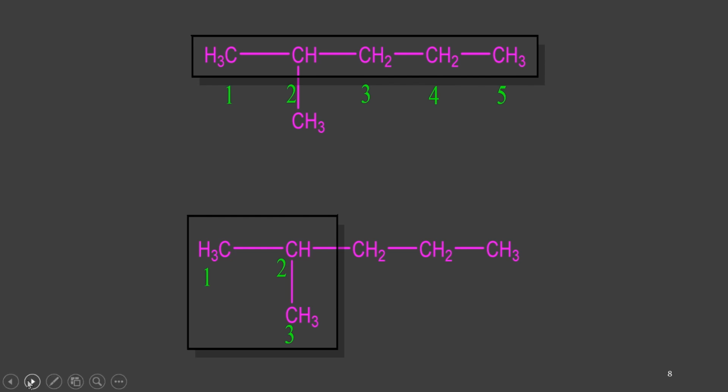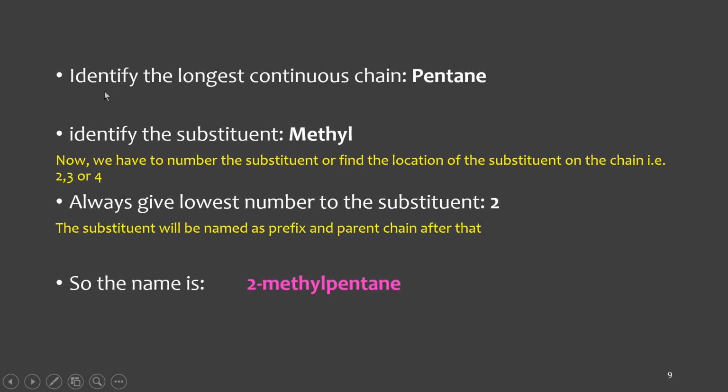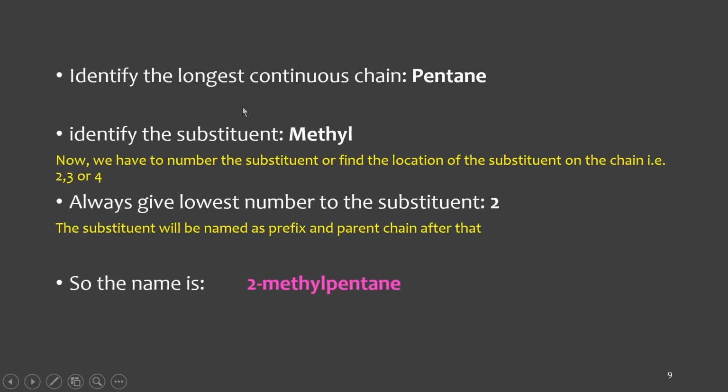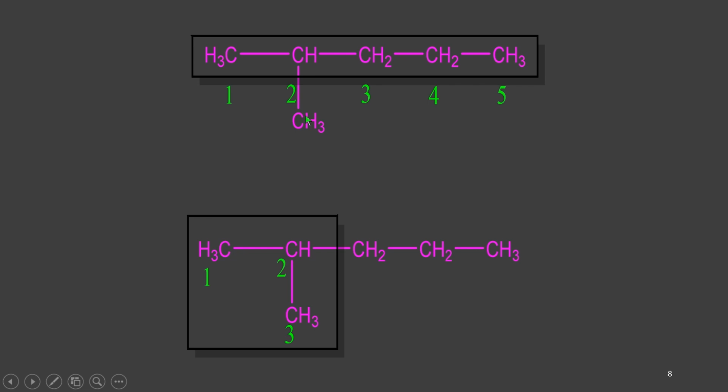Okay, now let's break it down into segments. First, identify the longest continuous chain. This is pentane, the 5 carbon alkane. Then we identify the substituent. This is CH3, a methyl group, and it is present on carbon number 2.